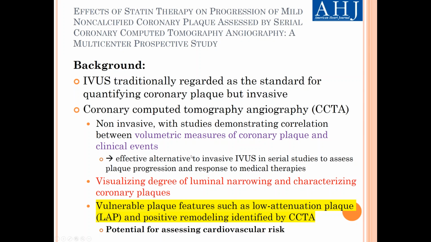So the study used CT to look at luminal narrowing and analyze plaque, specifically low attenuation plaque, usually defined as a Hounsfield unit of 50 to 60. These plaques are much higher in lipid content, a lot more vulnerable, and have an increased risk for adverse events.